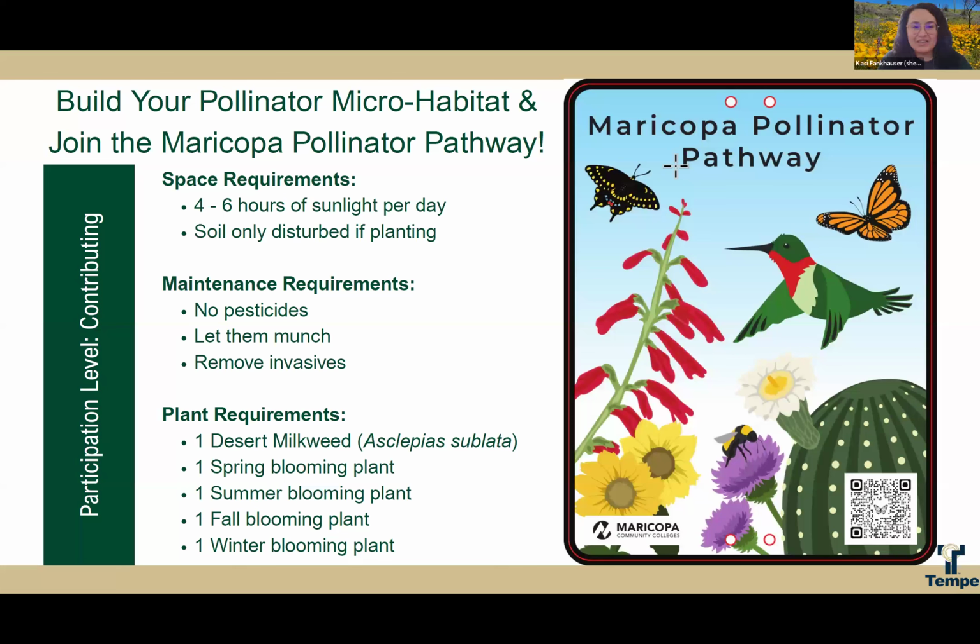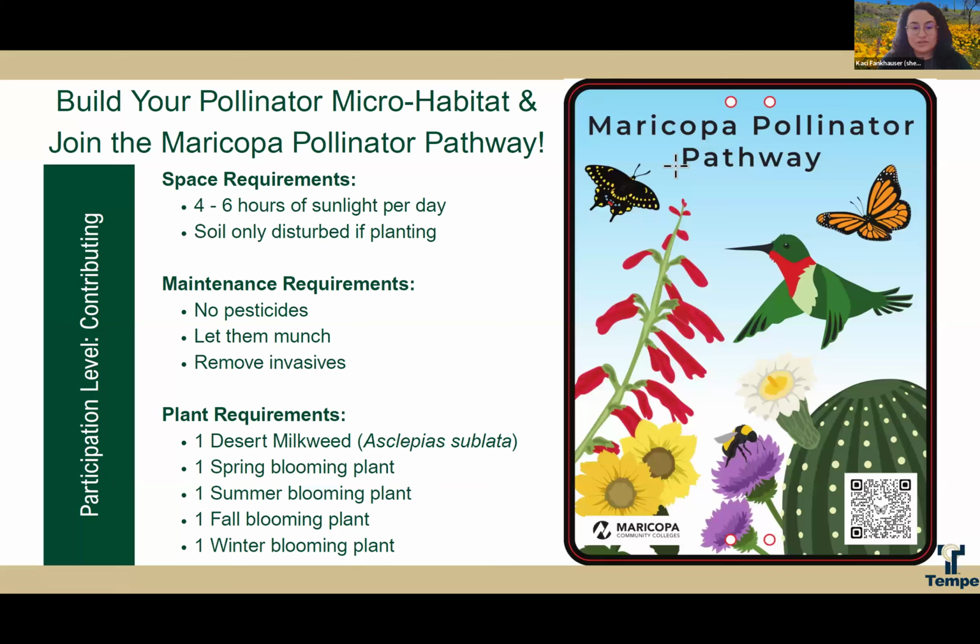And then let's say you have gotten your native seeds, right? Like you're getting started, and you really want to cover all your bases with a pollinator microhabitat. Again, the Maricopa Native Seed Library has this Pollinator Pathway program. It's free to participate, and it's really pretty simple. 4 to 6 hours of sunlight per day.